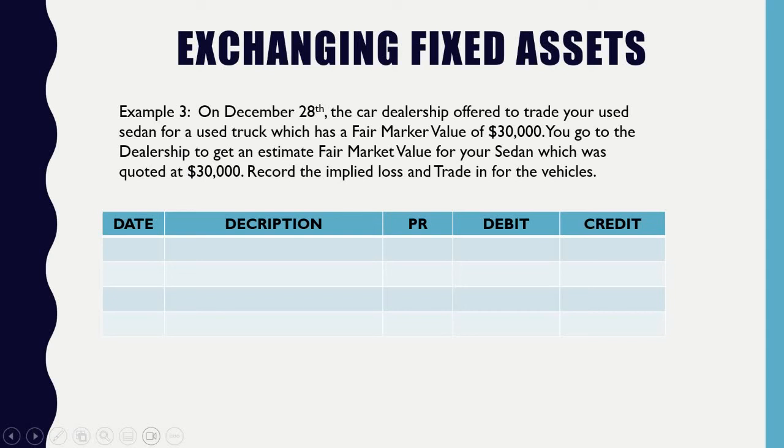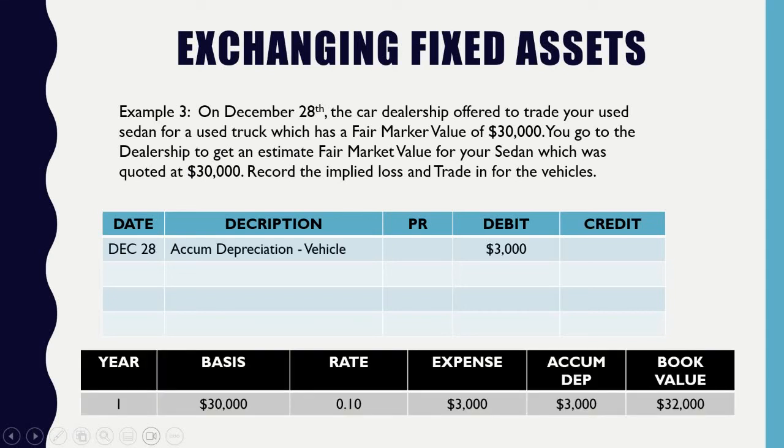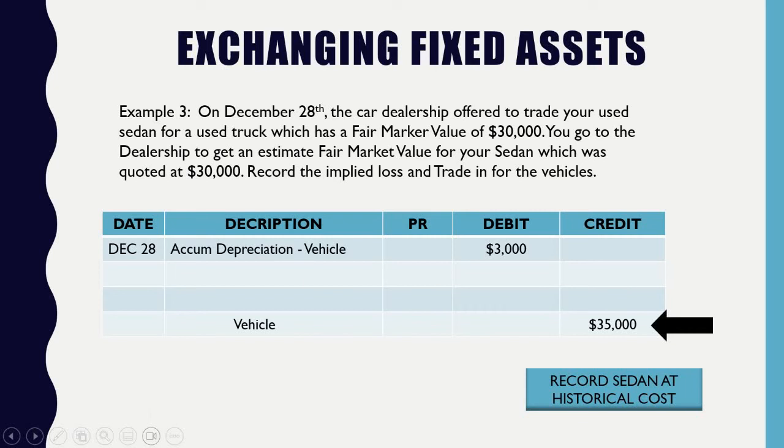Record the loss on this trade-in value. Since you're getting rid of your car, the first thing you've got to recognize is how much the accumulated depreciation of your car was. Well, we only used it for one year, so that's $3,000. We also have to get rid of your fixed asset.